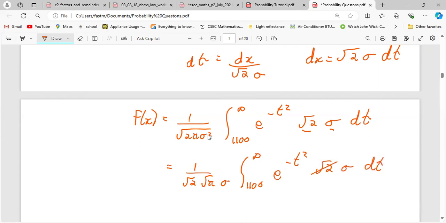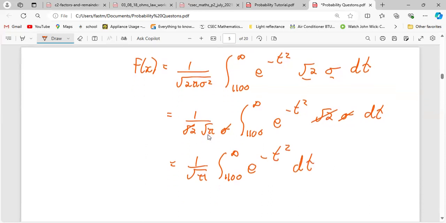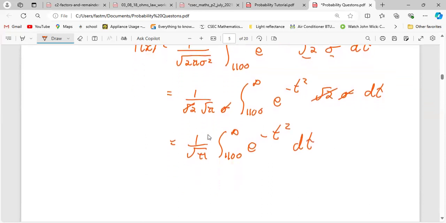So we can see that this will cancel with this, and this will cancel with this. So you'll end up with 1 on the square root of pi, from this to infinity, of e to the minus t squared dt.